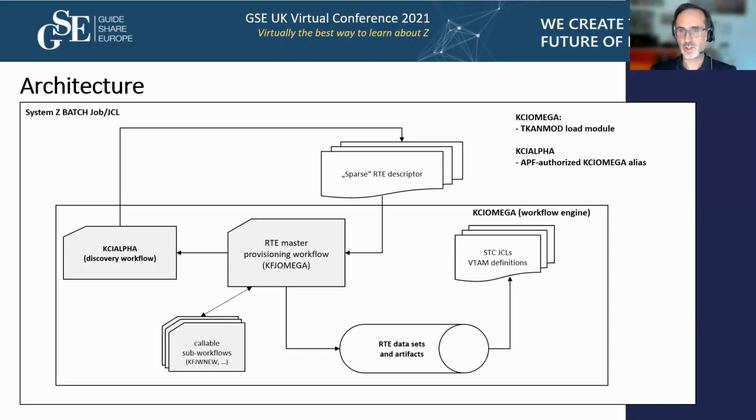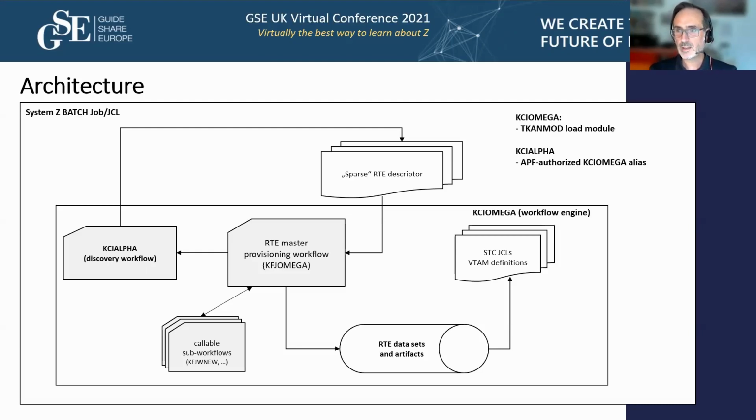They look a little bit like JCL skeletons, but they are calling out to sub-workflows that each perform different tasks as part of the configuration process. At the end, these actions will build your runtime environment datasets, and the started task definitions and the parameter members will be generated. Everything that you need to proceed further with your deployments.